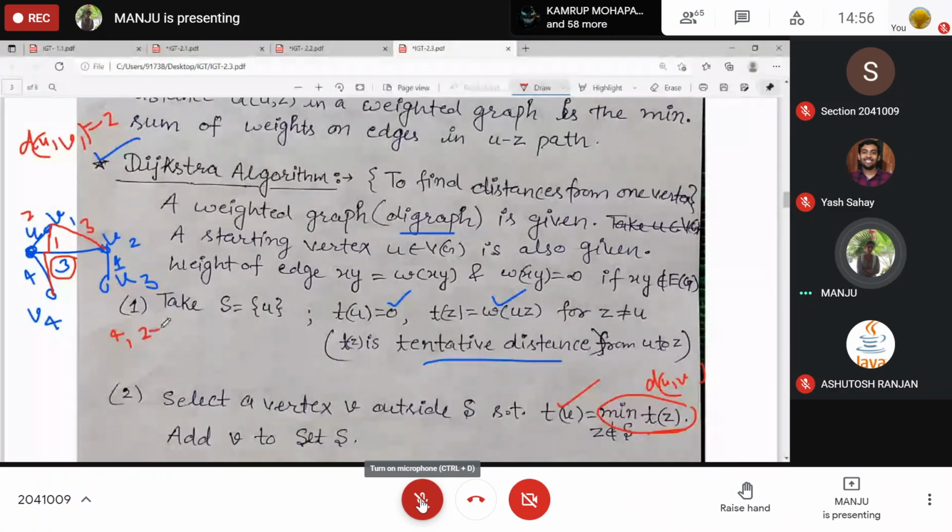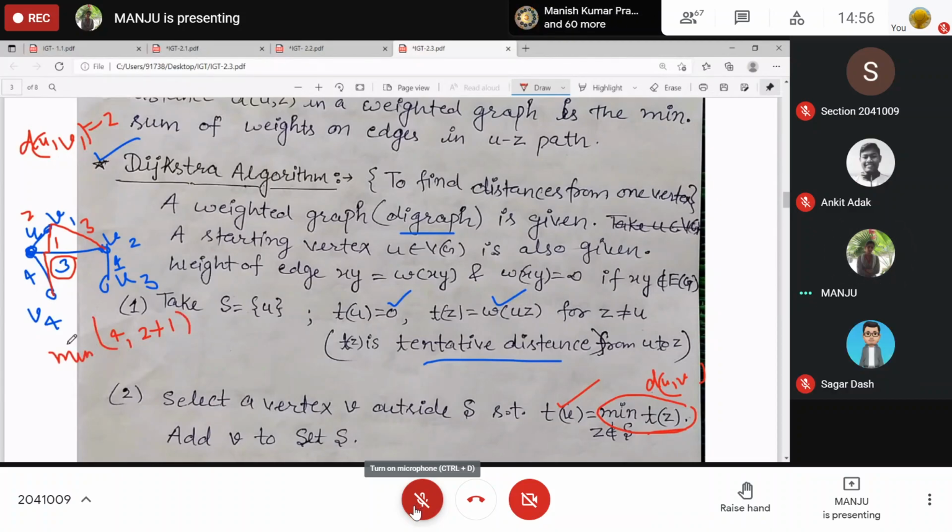So we are finding every distance to every vertex from u, so it will be u to v1 plus v1 to every other vertex. So v1 to v4 it will be 1. So which is the minimum, which will you select? 3. So we will discard this 4. Now the tentative distance from u to v4 becomes 3.